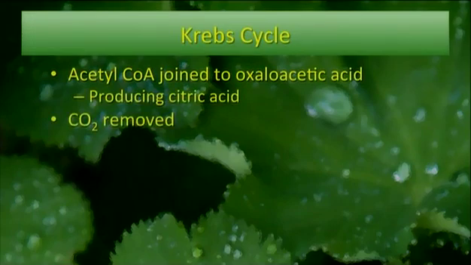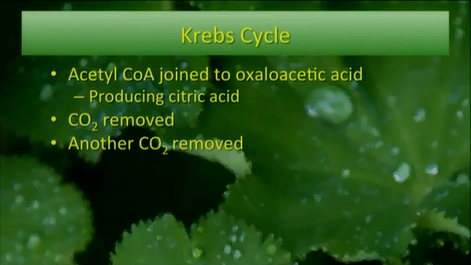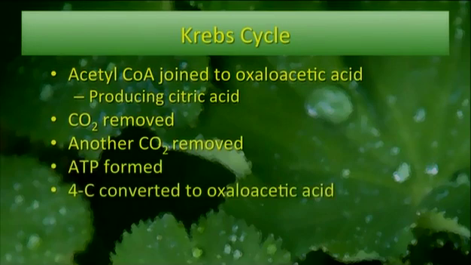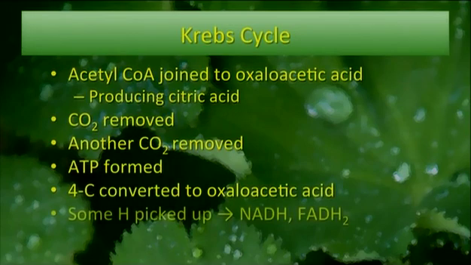Carbon dioxide is removed. Another carbon dioxide is removed. ATP is formed. And the 4-carbon compound is converted to oxaloacetate eventually. And you have some hydrogens picked up by NAD to form NADH and FADH2.